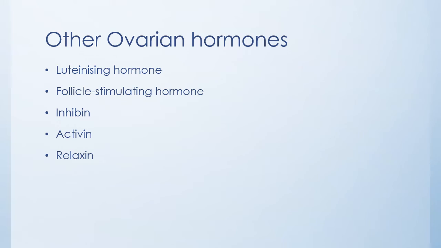Relaxin is a hormone that is produced from the ovary and also from the placenta, and its function is to relax the ligaments in the pelvis, which is important for labor. It relaxes the ligaments in the pelvis, and it softens and widens the cervix.